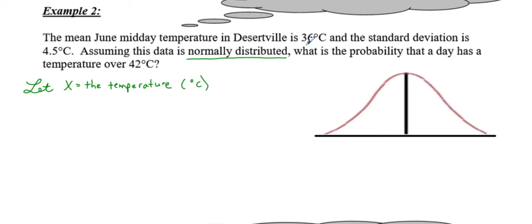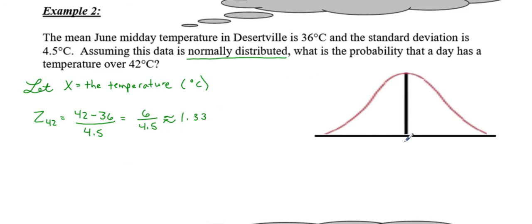First thing we have to find is the z-score. The z-score for our data, 42, is data minus the mean divided by the standard deviation. That works out to 6 over 4.5, and that is approximately equal to 1.33.